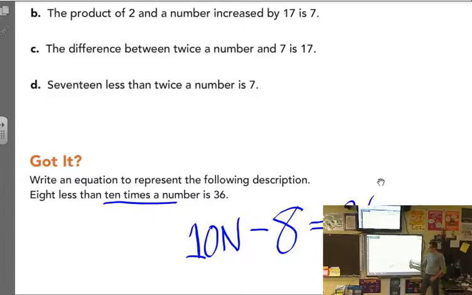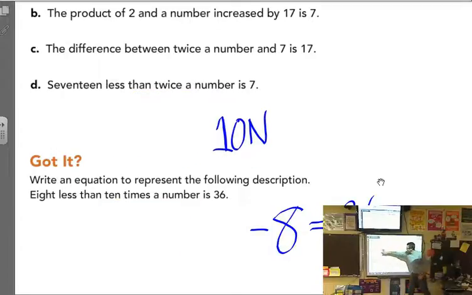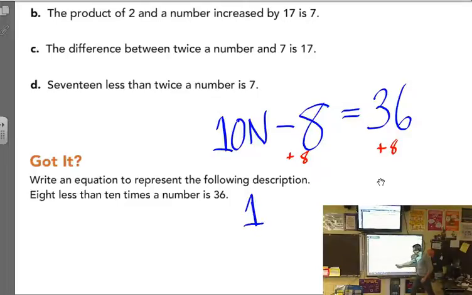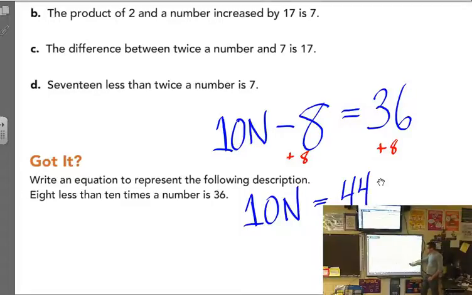We could then solve this out. Let's go ahead and actually solve this out. We might as well. This hasn't been that long. So I'm going to shift this up just so I have a little bit of space. The first thing we do, get rid of any addition or subtraction. So we add the 8 to undo the subtraction. That gives me that 10 times a number must be 44.